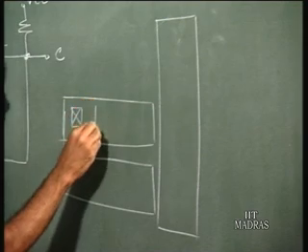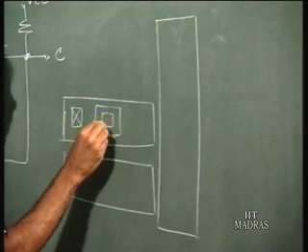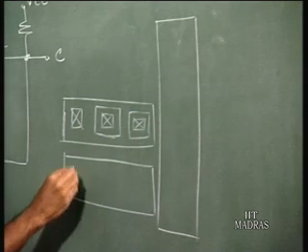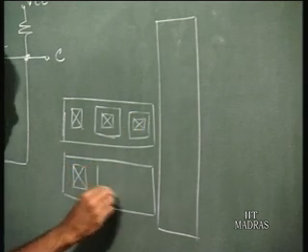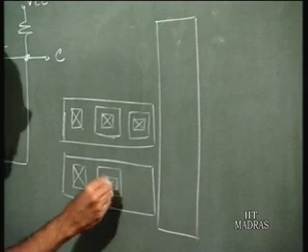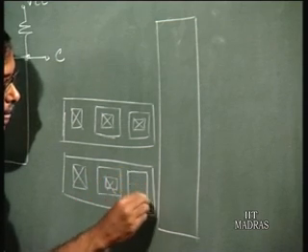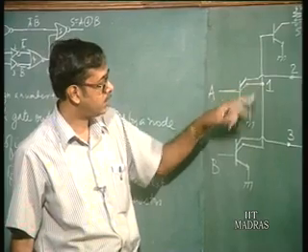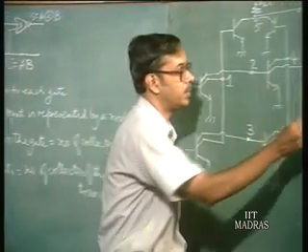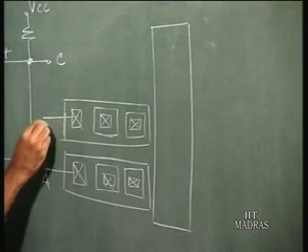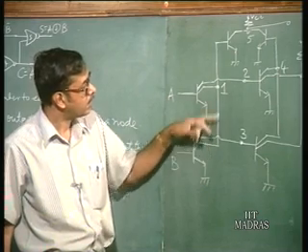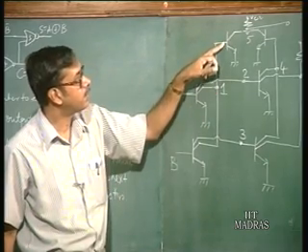So, this is the base, these are the 2 collectors. This is the base, these are the 2 collectors. And then what you do is you short one of the collectors. So, one input is A and the other is B. Then you short one of them and it goes to the base of another transistor here.